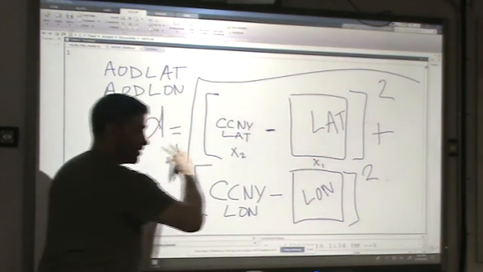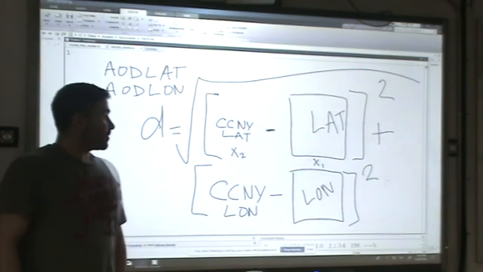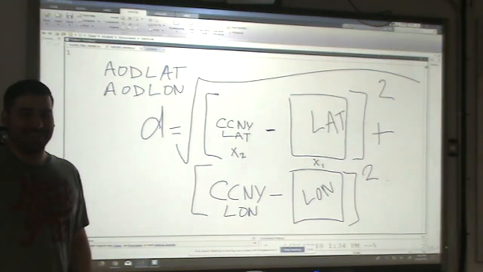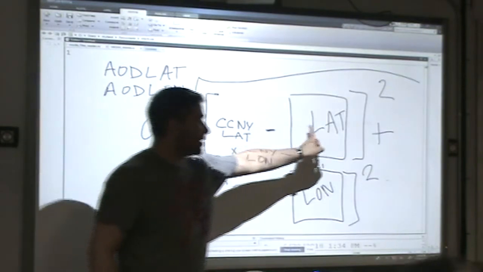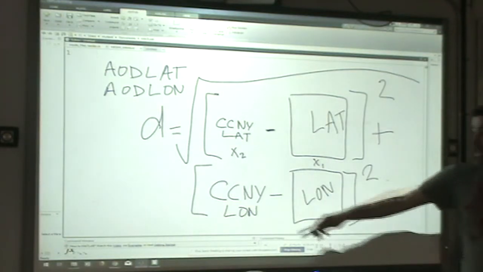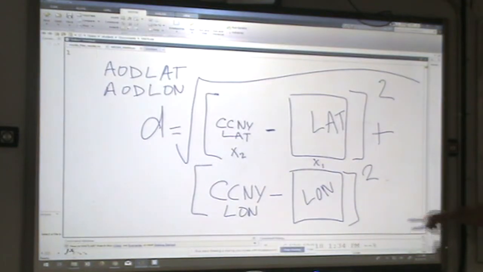Yeah, you'll have to connect that. Easy, right? Scalar value minus the array squared, plus scalar value minus an array squared.